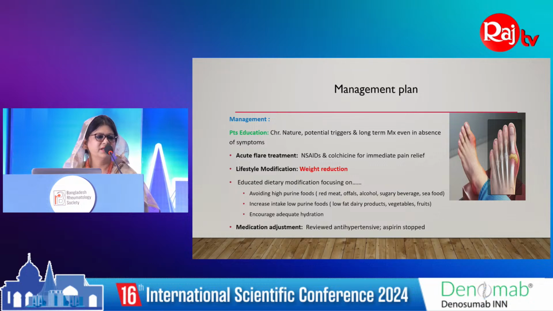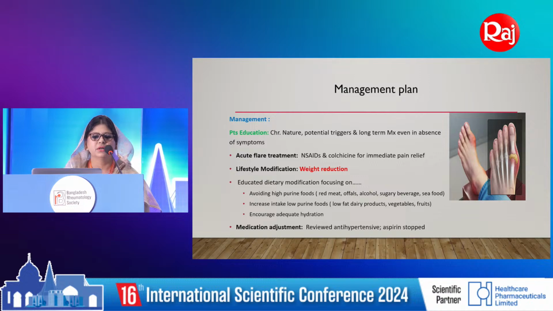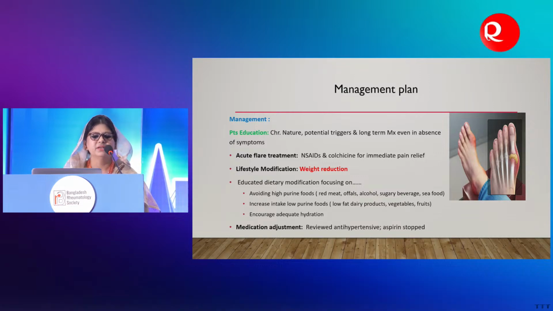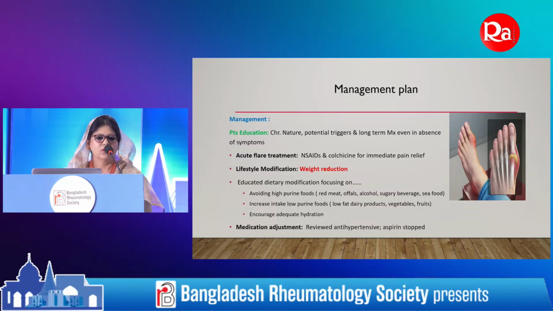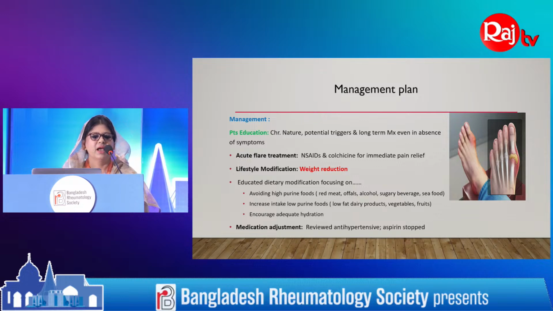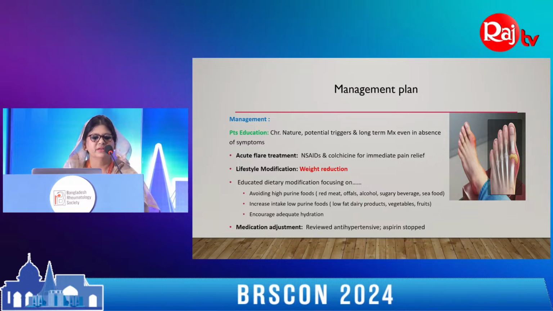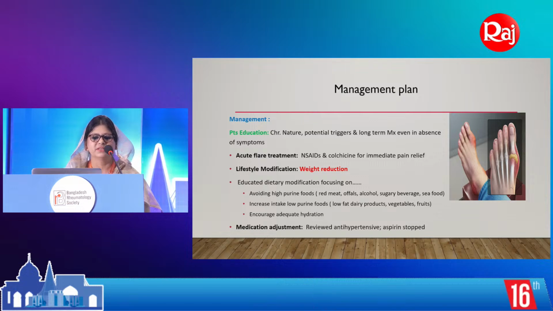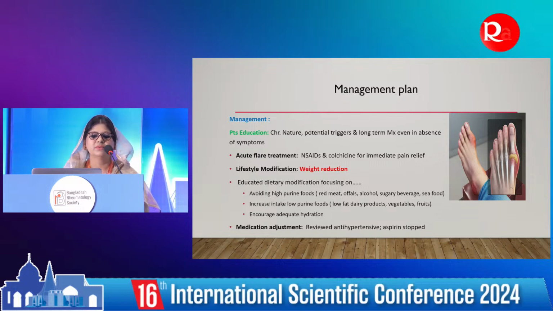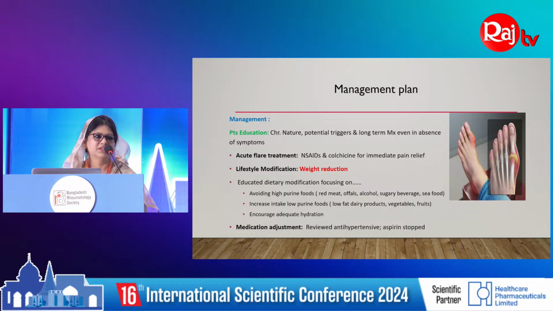So this patient is managed by acute flare treatment like NSAIDs and colchicine. And we educate the patient regarding the chronic nature of the disease, and long-term treatment can be given even in case of silent disease.